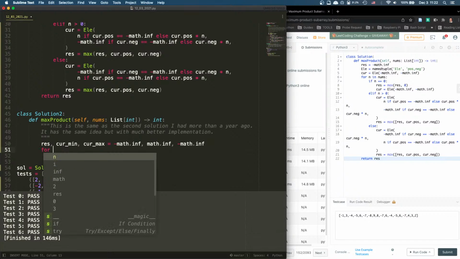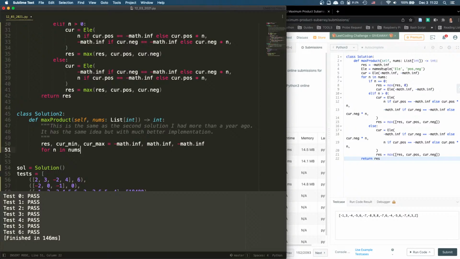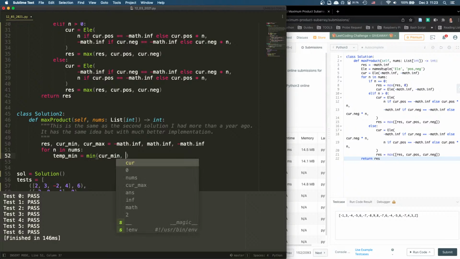And we say for any n in nums, right? We say temp min equals minimum current min and minimum current min and what?